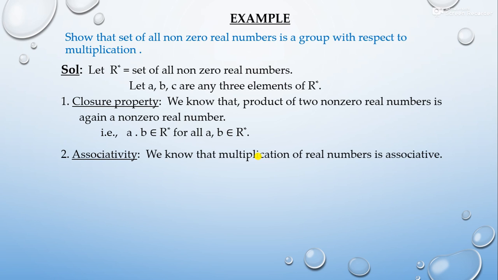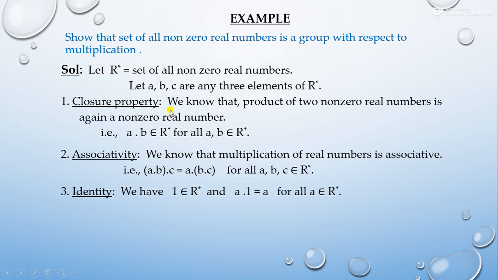Now come to associativity. If we multiply three numbers, first two numbers and then the third, that will obviously be equal to multiplying the last two numbers and then the first number. That will be the same. So if we take three numbers a, b, c belonging to the non-zero real numbers, this property holds, so it fulfills the associative property. Now the third one is identity.